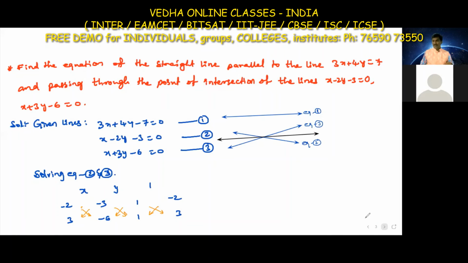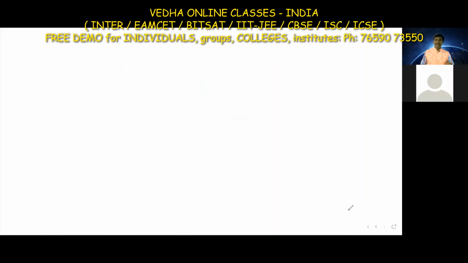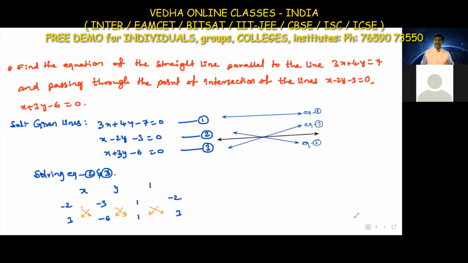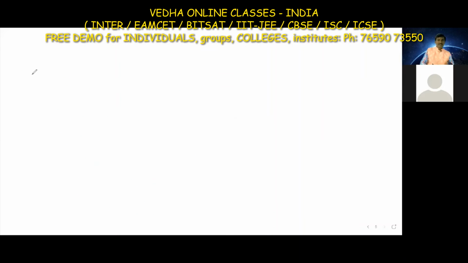Now we take equation 1. What is equation 1? 3x plus 4y minus 7 equal to 0. This is equation 1 only.